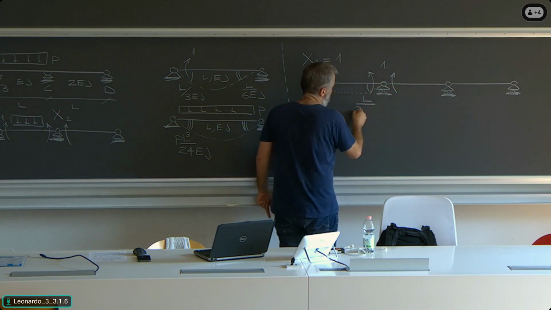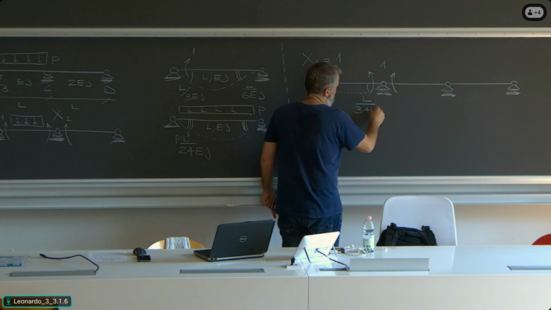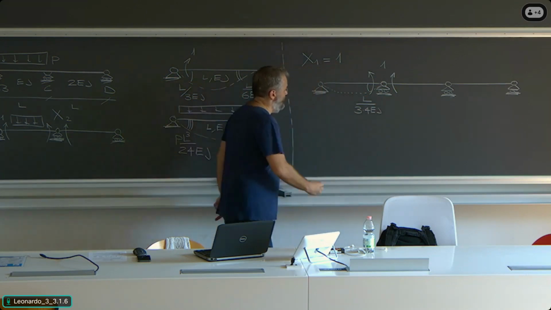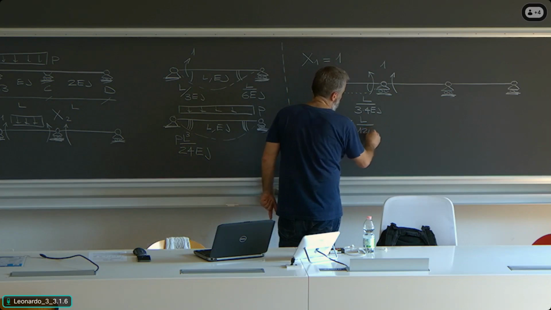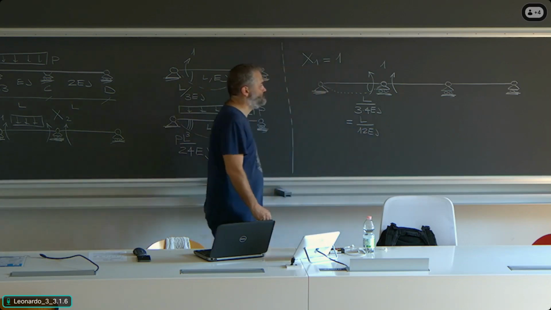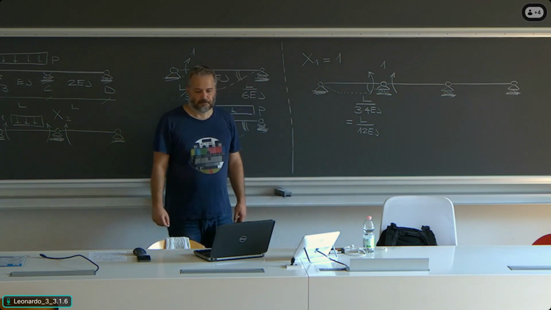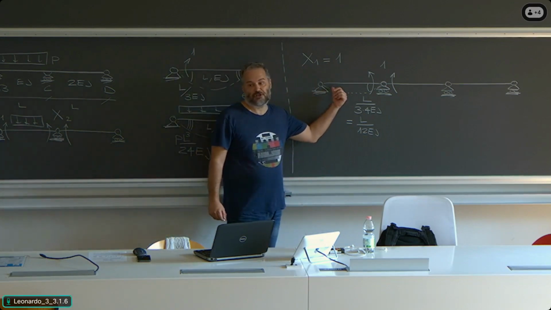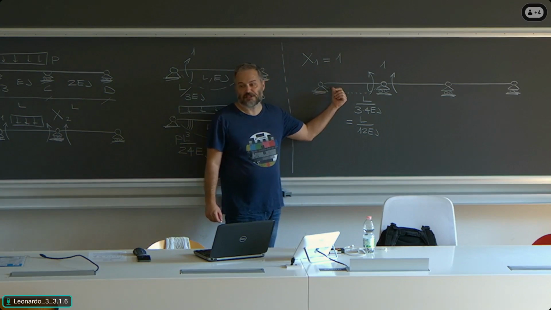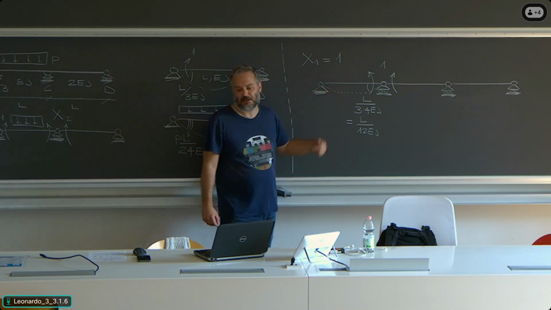And this is clearly equal to L divided by 12EJ. I could also work out the rotation of the first end, but I don't need it, because its value is not relevant for the purpose of writing the compatibility equations.